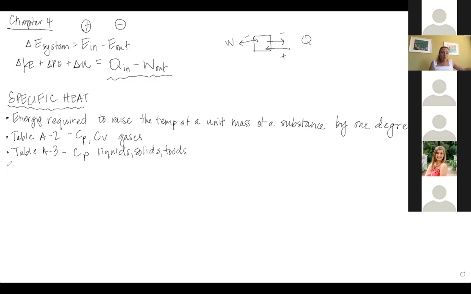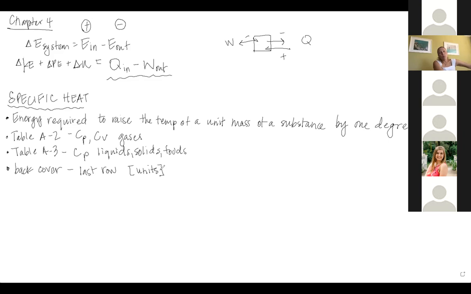Okay, and then if you look at the very back cover, I haven't checked all the editions of the book, so I hope that this is right. The very back cover on the last row has the units of specific heat.